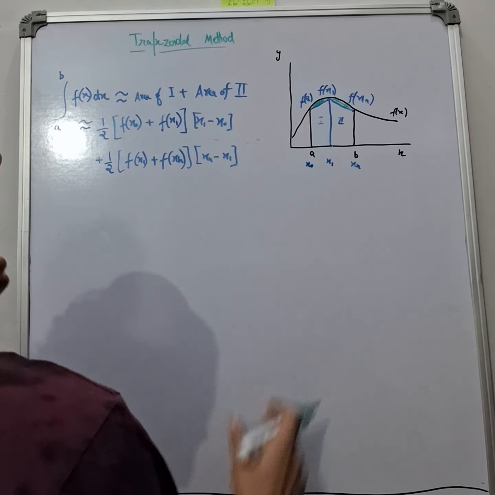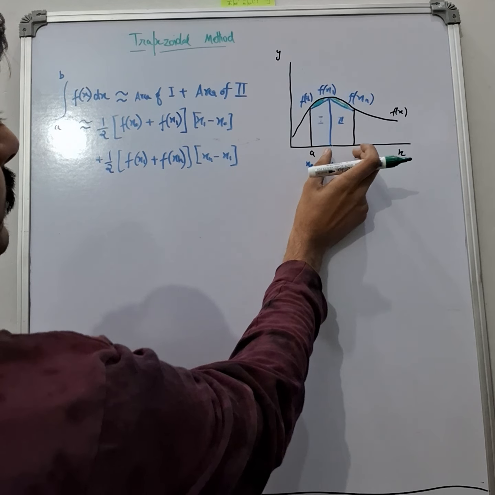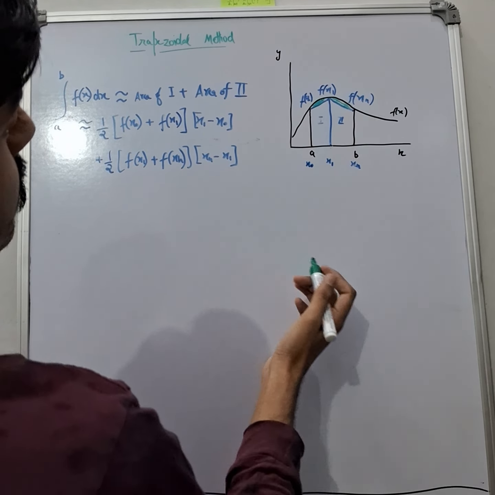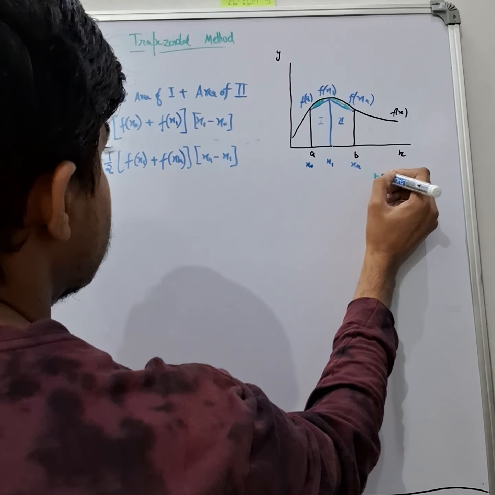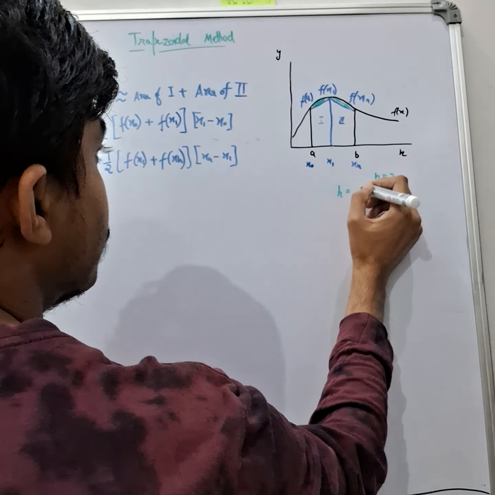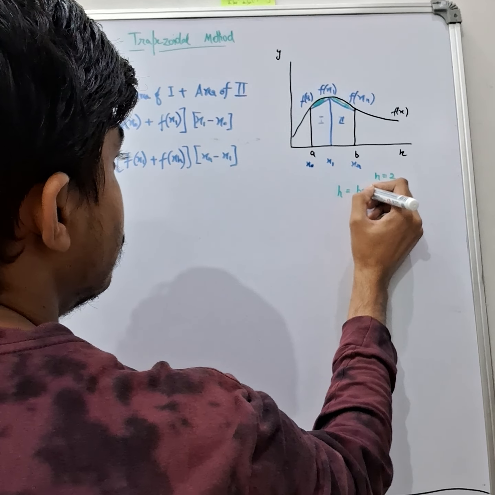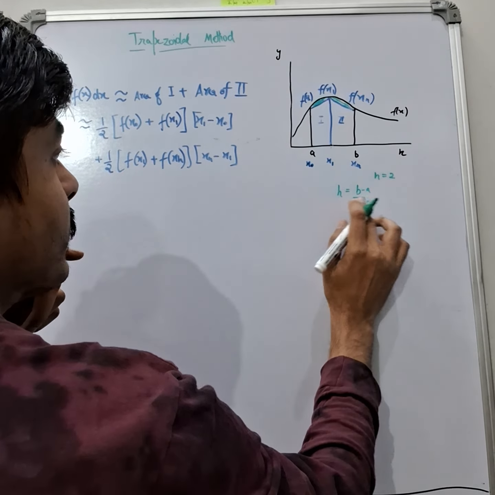Let's say in this case we divided our portion into two intervals, so n for our case was 2. So let's define a parameter h equal to (b minus a) divided by n.